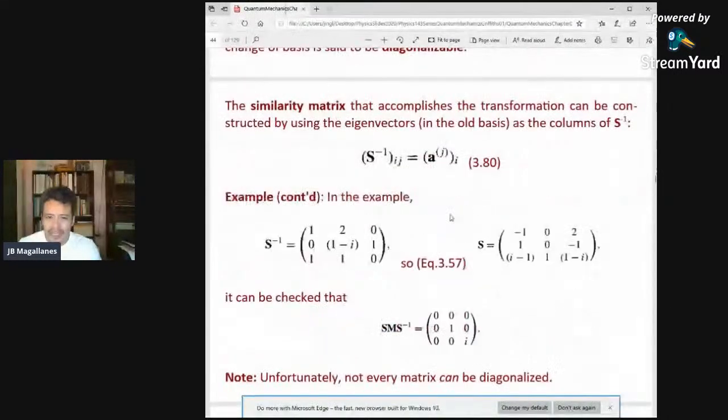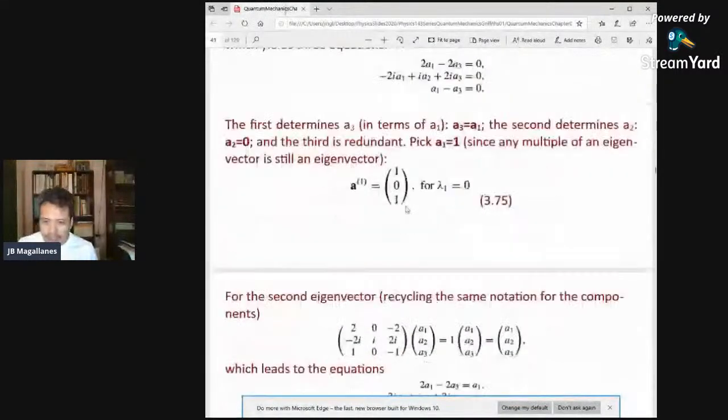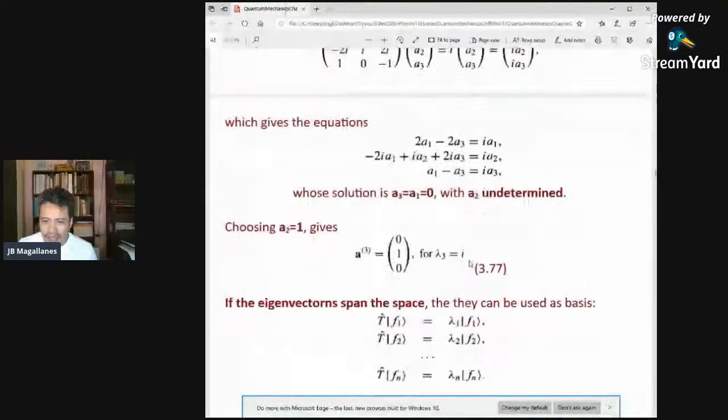So what is a similarity matrix? Say for example, you have eigenvectors here: 1, 0, 1, 1, 0, 1, 2, 1 minus i, 1, and 0, 1, 0.